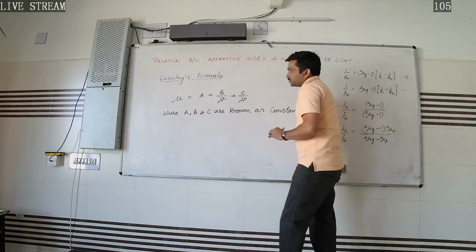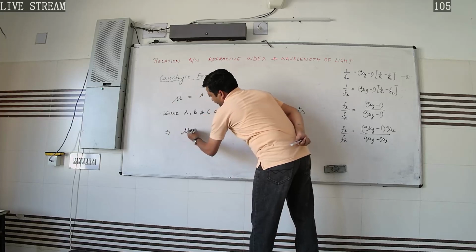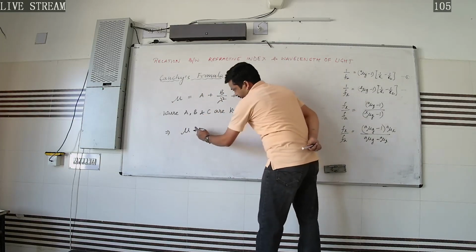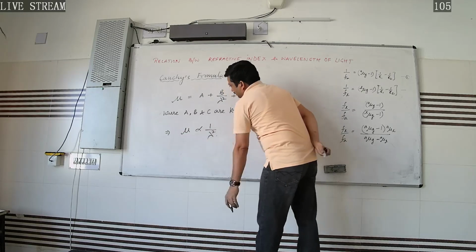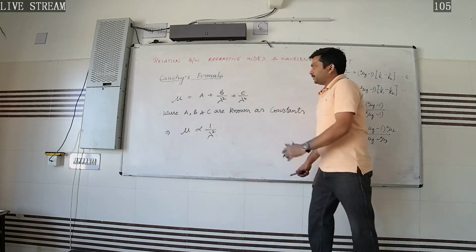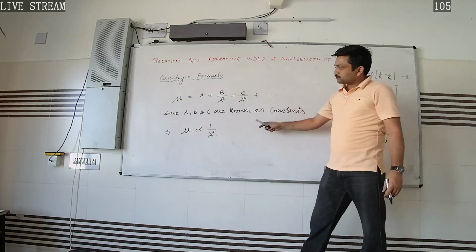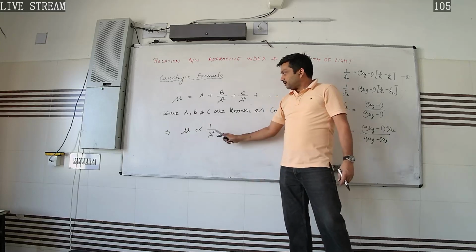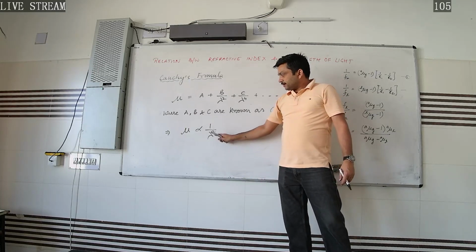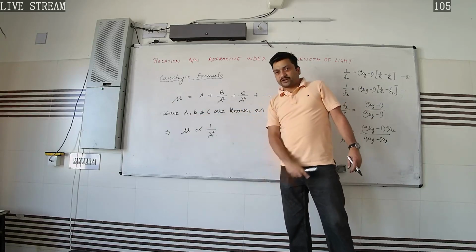From this relation we conclude that the refractive index is inversely proportional to the square of the wavelength of light used. So μ is inversely proportional to λ, meaning the greater the wavelength of light used, the smaller will be the refractive index.